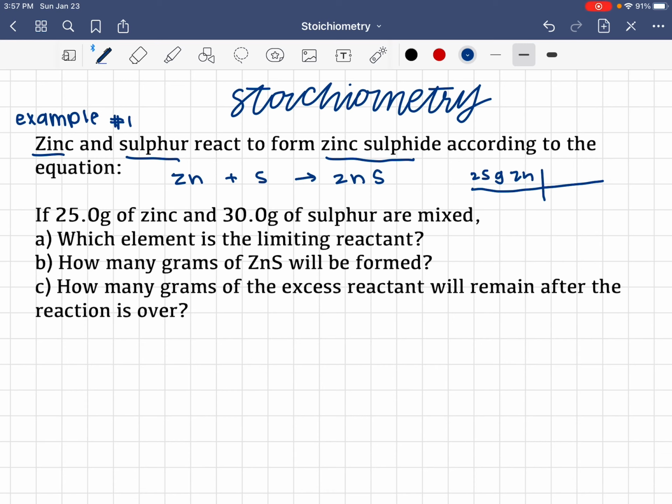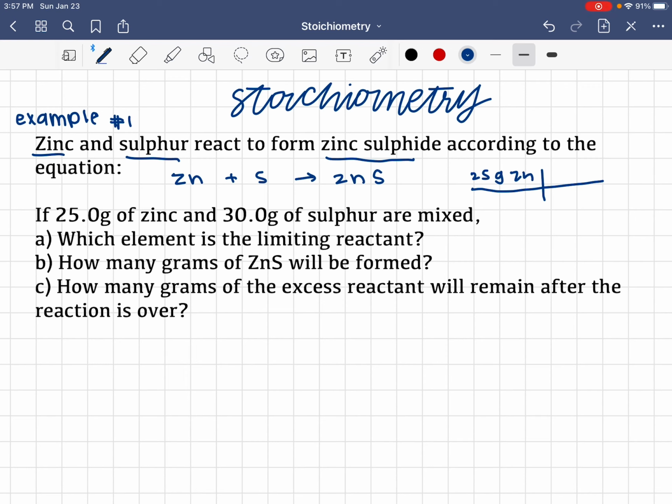To find how much it is in moles, we need to find how many grams are in 1 mole of zinc, which can be found on our periodic table. The number written below the element symbol is the molar mass, which is the mass in grams.